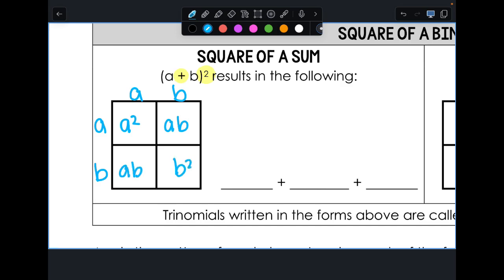You always add your diagonal. So you get A squared, 1AB plus 1AB is 2AB, B squared. So what's the rule?